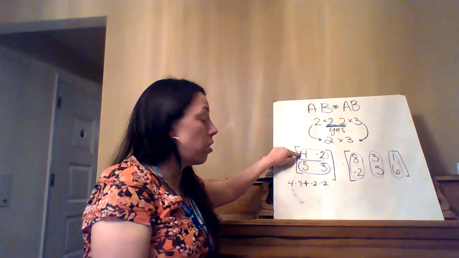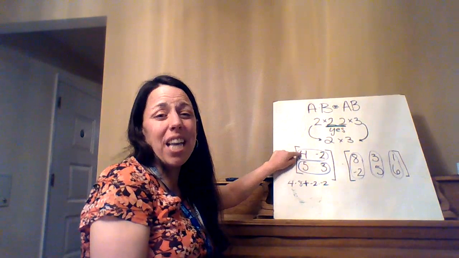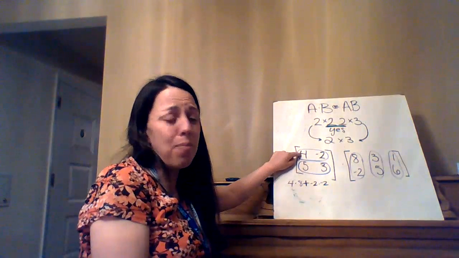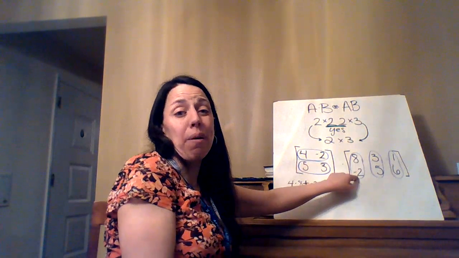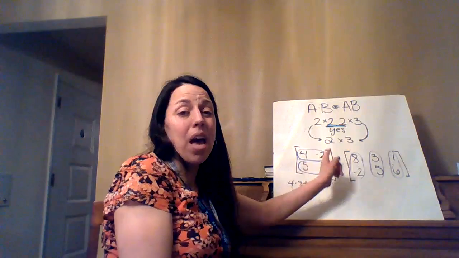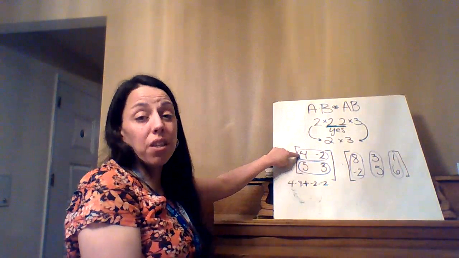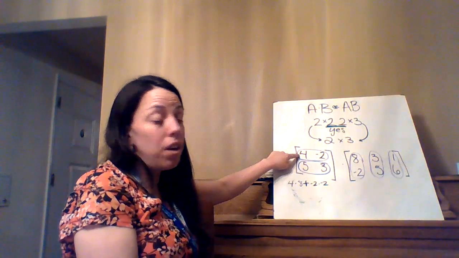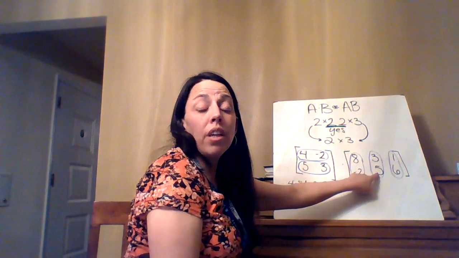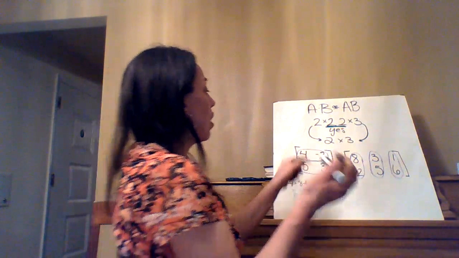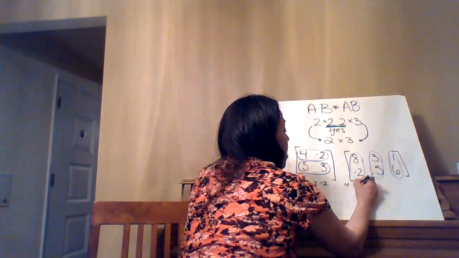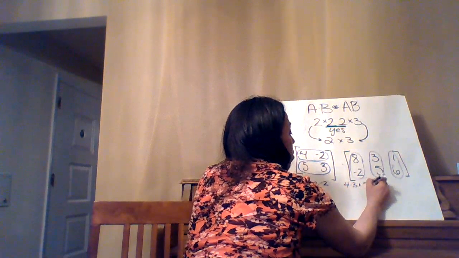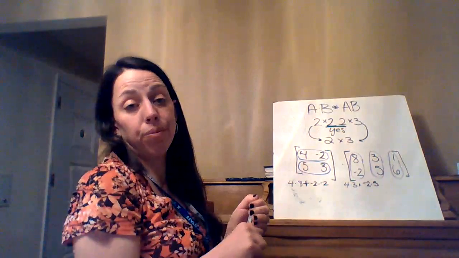Now this is first and it's on top. So anytime I use this, it has to go in the top. And since I used this, it was on the left, so I had to write it on the left. So as I make my way, would you agree this is still in the top? Good. And this is in the middle. Thank you. So in the top middle, I'm going to write 4 times 3 plus -2 times 5.